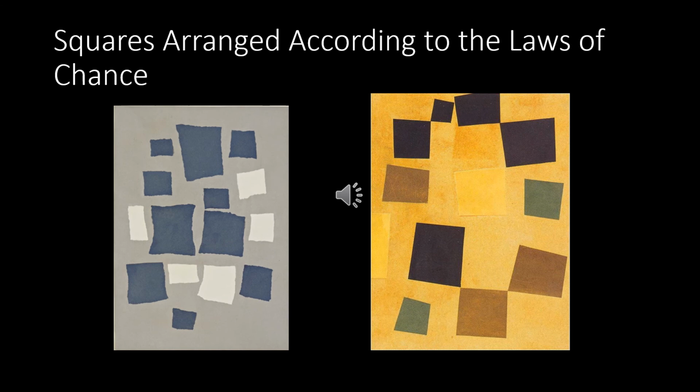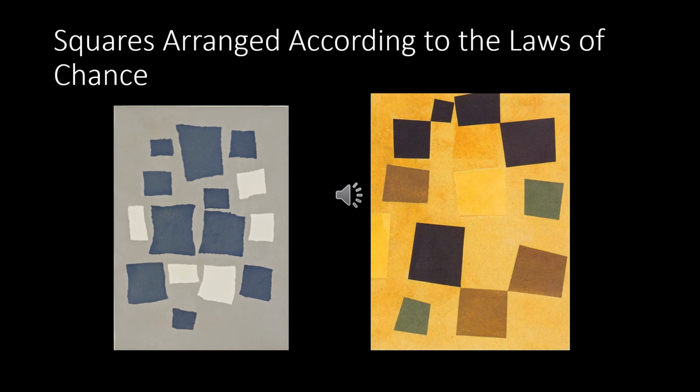And the story goes that Arp was working on a drawing in his studio and he was very frustrated. His hand wasn't doing what his mind wanted it to. It didn't look like what he had in mind when he set out to make this drawing. And so, in frustration, he tore it up and he threw it on the floor.